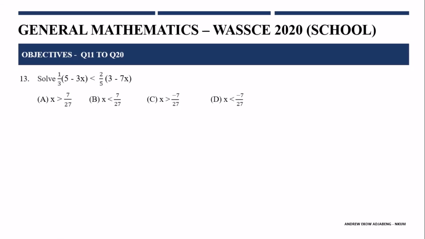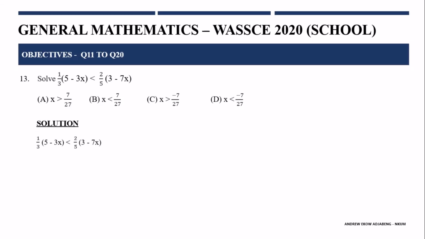Question 13 says we should solve this equation. We solve 1 over 3 multiplying 5 minus 3x, all in brackets, less than 2 over 5, all in brackets, multiplying 3 minus 7x. These are our possible solutions in A, B, C, and D. What is the right solution?